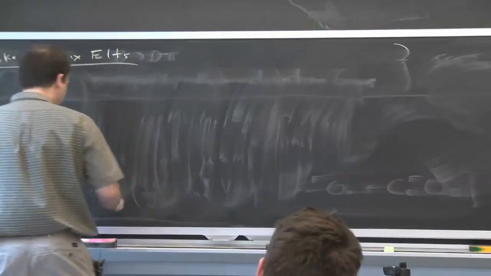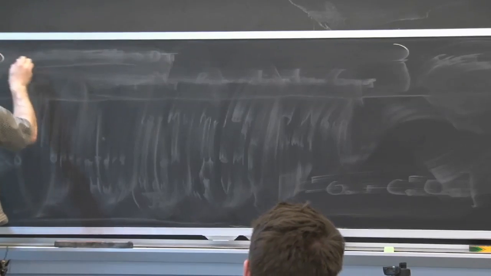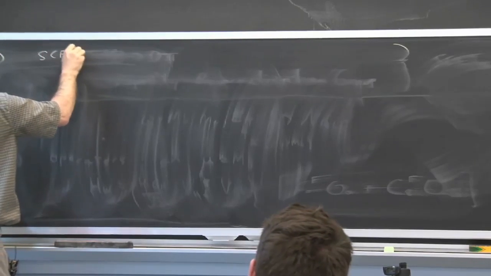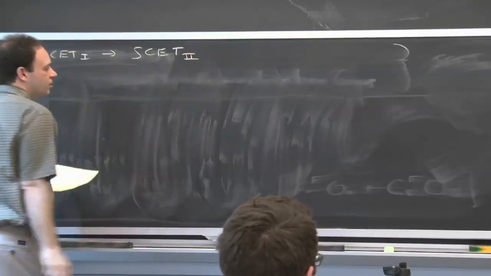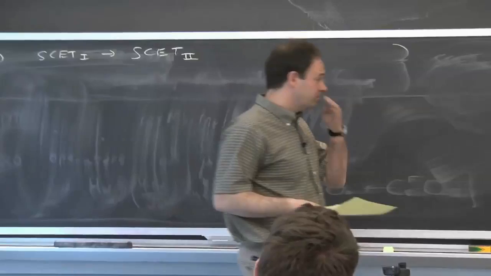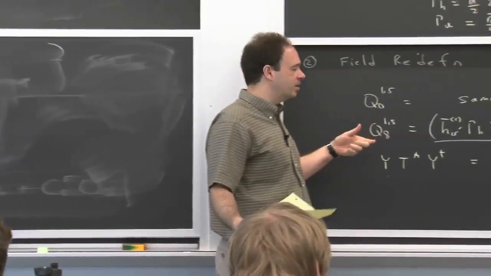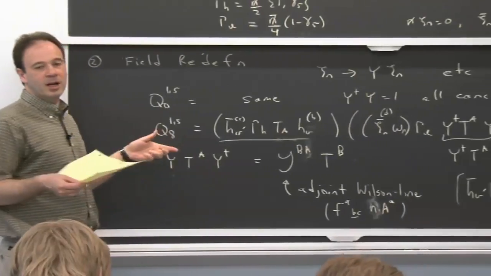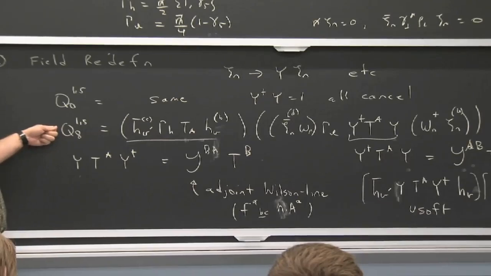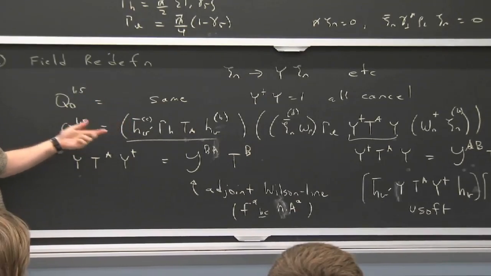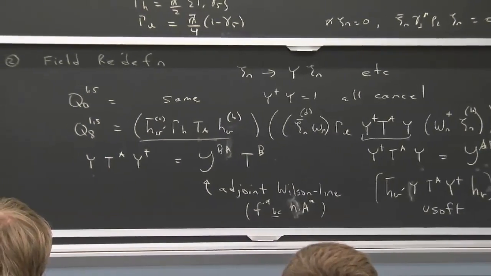Sorry, before we take matrix elements, we have to switch to SCET 2. So this is again an example where it's trivial, because we have one type of operator that we're considering, this weak transition, and we don't have a time ordered product of any two operators in SCET 2. We just have a single operator that has both types of fields, and then we have the Lagrangians. So this is, again, simple.